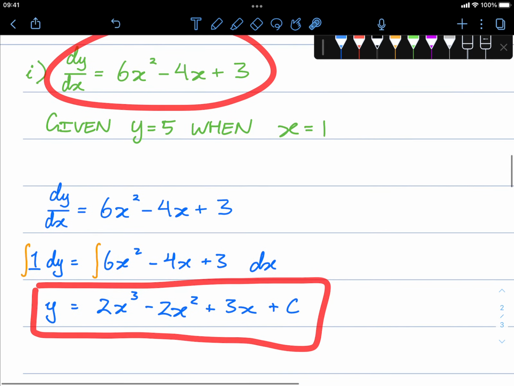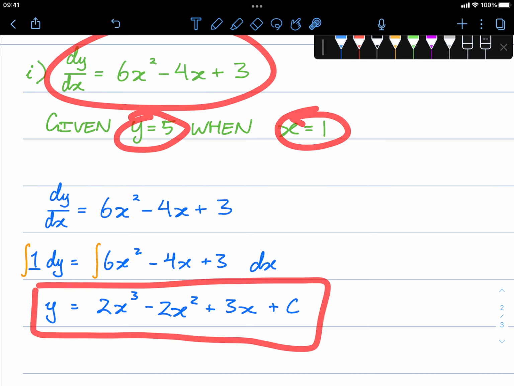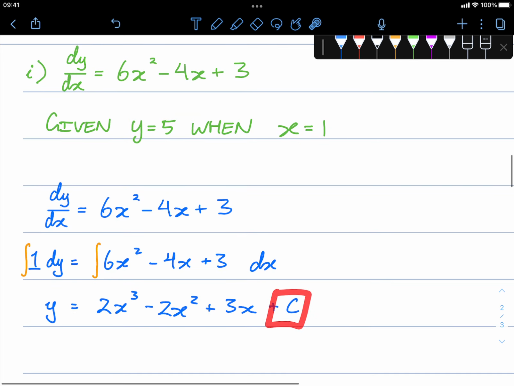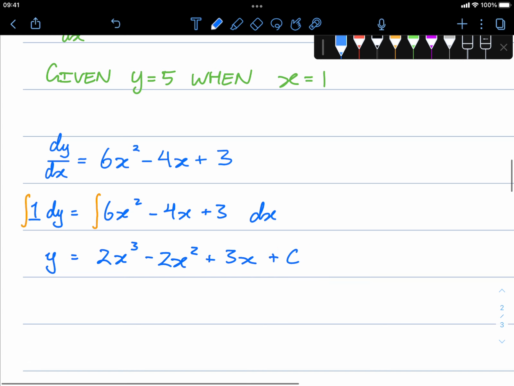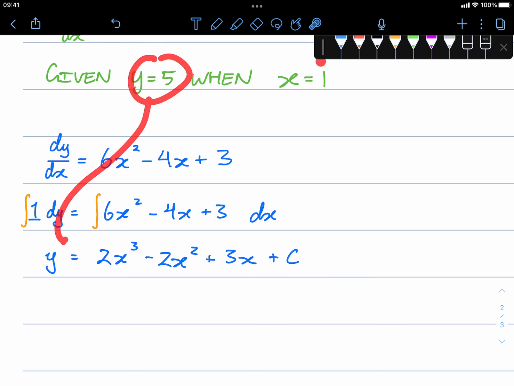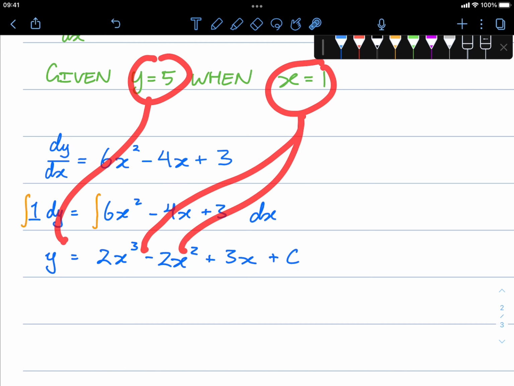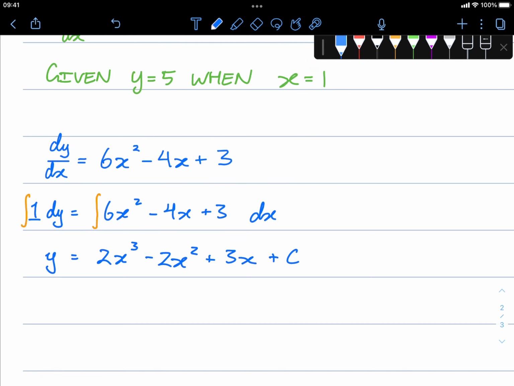But now, because we are given more information, we can specify what c is. And we've seen this before. We just substitute the values of 5 for y and 1 for x, and this will give us c.